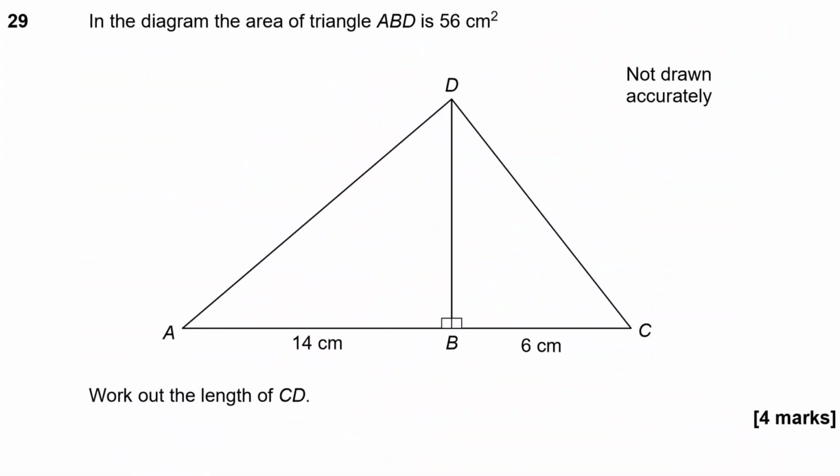Question 29. In the diagram, the area of triangle ABD is 56. Work out the length of CD. Okay, in the diagram, triangle ABD. What is triangle ABD? Triangle ABD is this triangle here. And we're told that the area of this one is 56 centimeters.